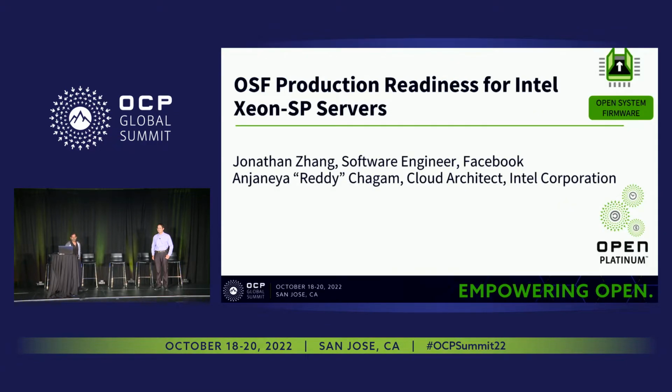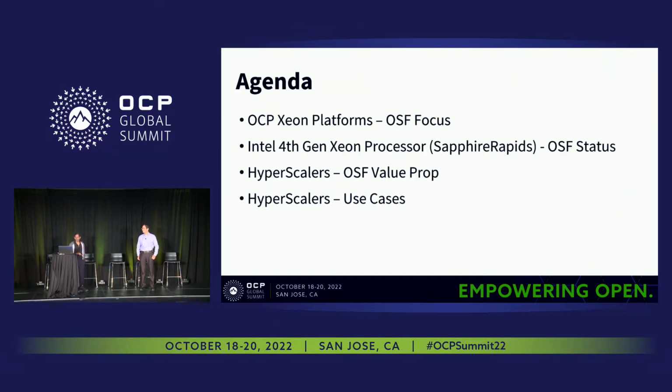So we'll start off with, I'm co-presenting this with Jonathan, and we kicked this off in the morning. I will cover the process side of how exactly we are enabling open system firmware on the Xeon platforms.